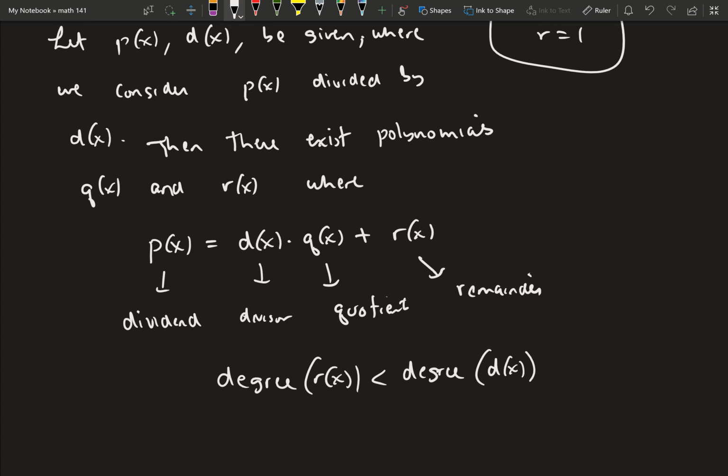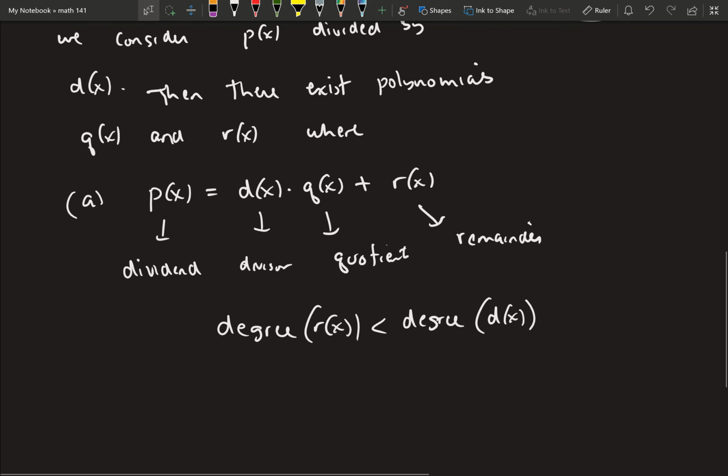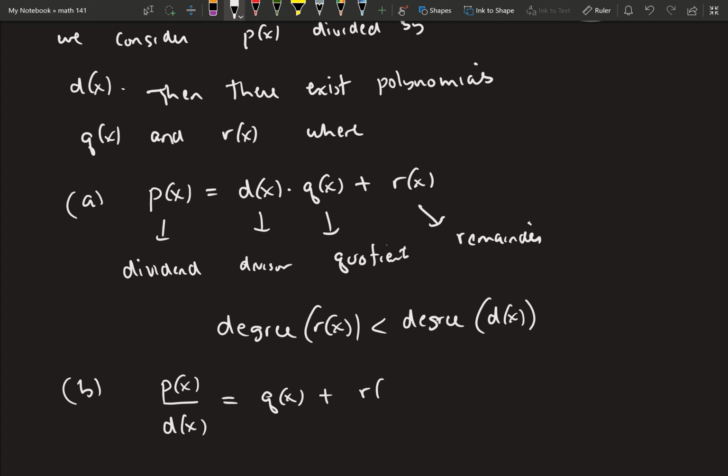Okay, so this is one version, so let's call this version A. Version B is simply if you divide both sides by d of x. So then you would have p of x divided by d of x. We're doing the dividend, which is the numerator, divided by the divisor, and that equals the quotient plus the remainder divided by the divisor.